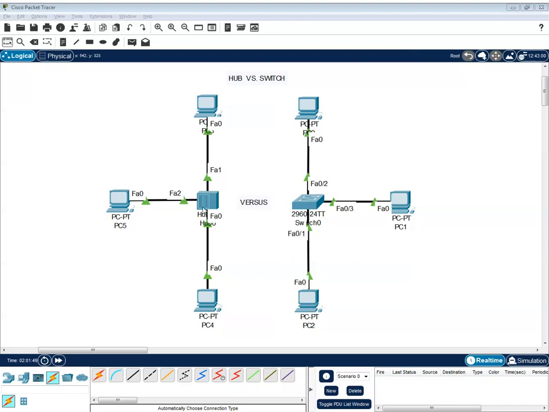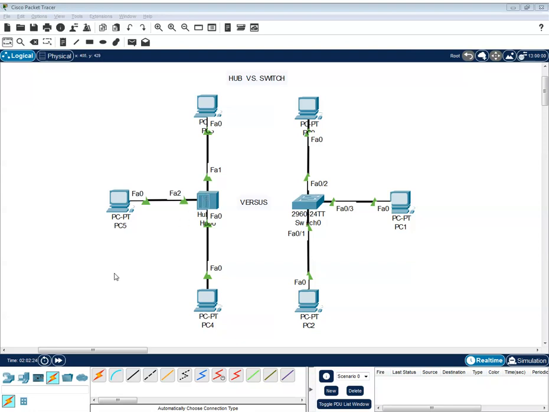While this hub has only one collision domain, and that is not good. Let's say, for example, if this PC wants to communicate with this PC, then of course the hub will send the information to all of the computers that are connected. What if we have a lot of computers connected to this hub? Since it has only one collision domain, it will happen one at a time.